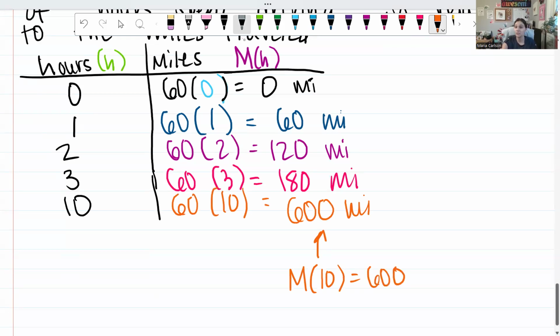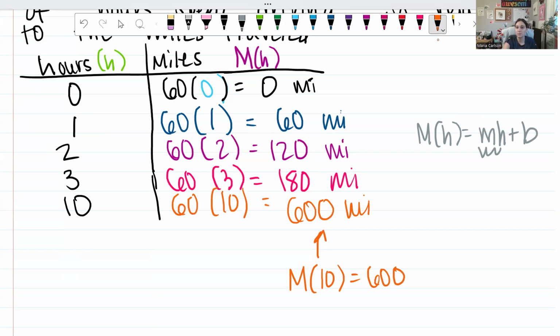I could write an equation for this. If I wanted to know what M of H is as an equation, I could write it in terms of mx plus b, where this lowercase m is our slope, and b is our y-intercept.